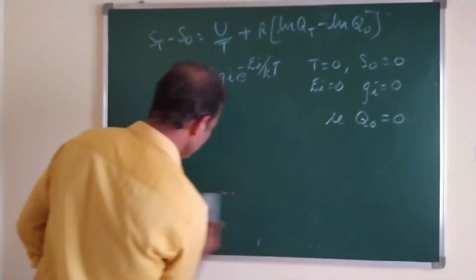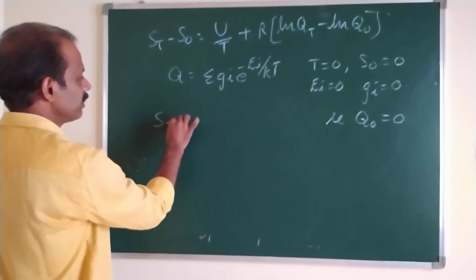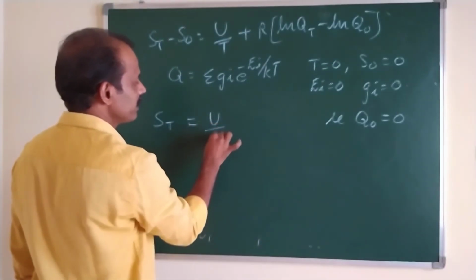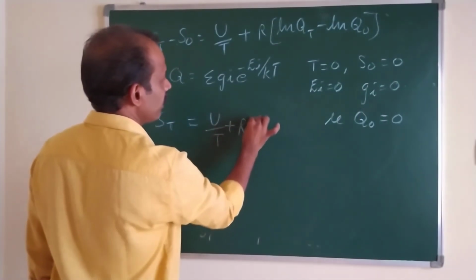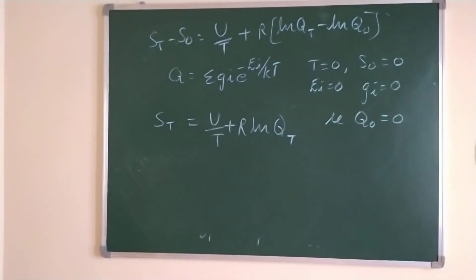So our equation becomes St minus S0, that is St, since S0 is 0, equal to U/T plus R ln Qt.